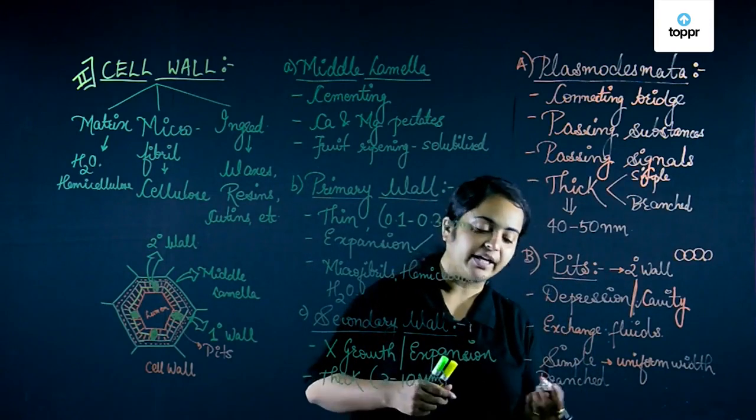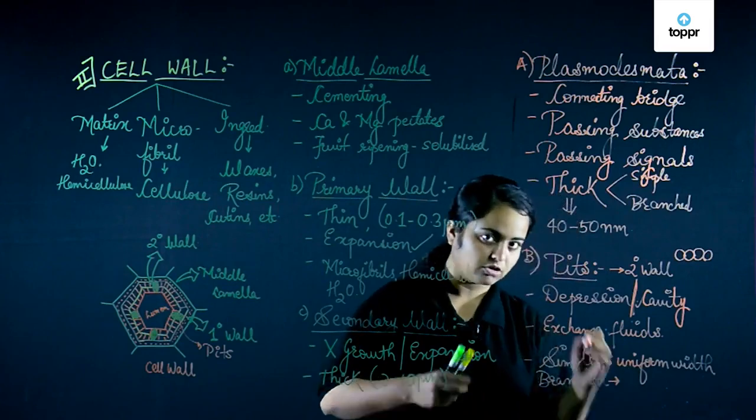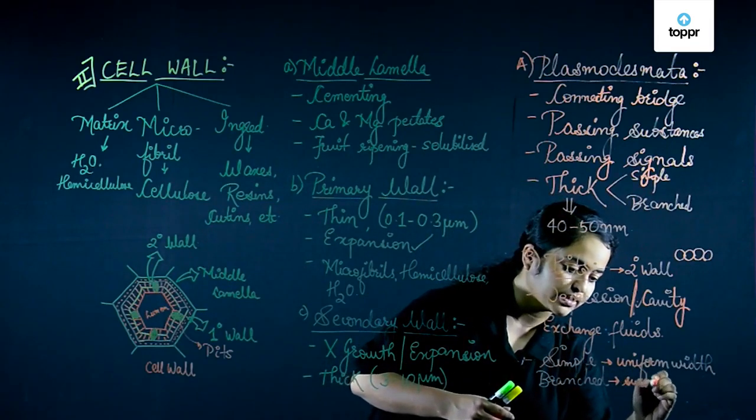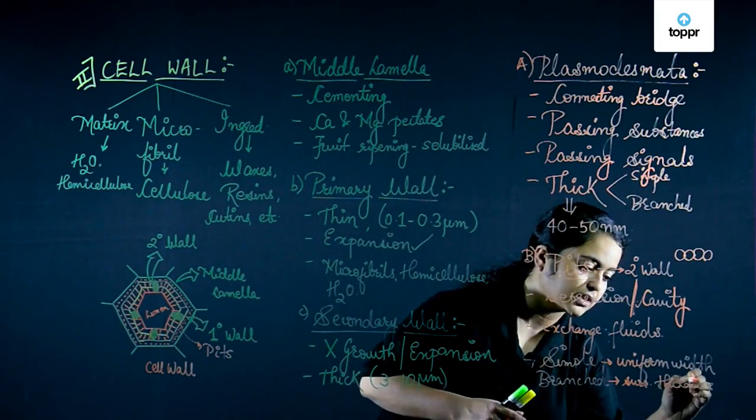So, what exactly do we find in branched? Well, in case of branched, we will find that the pits or the cavities or depressions are surrounded by certain thickenings for the purpose of support.